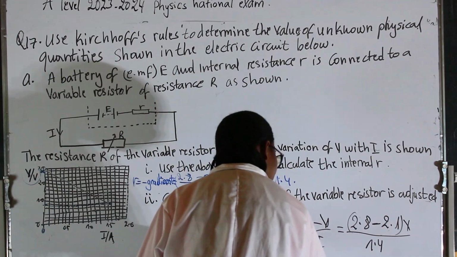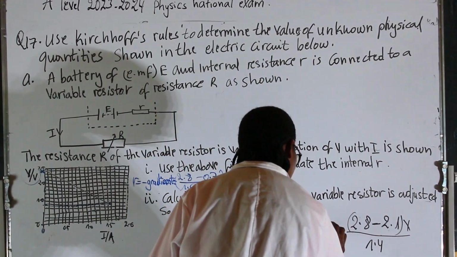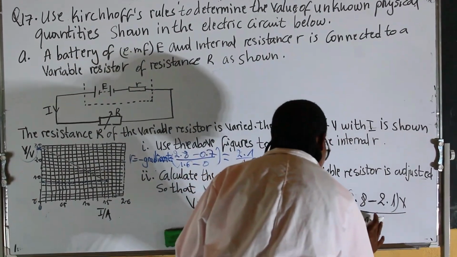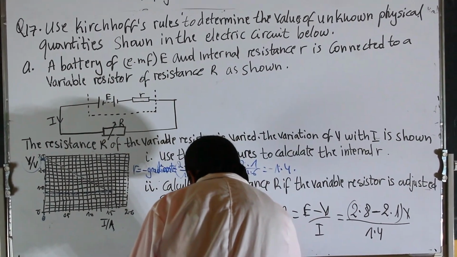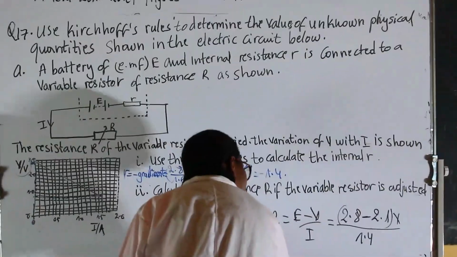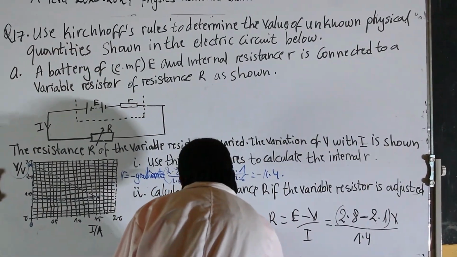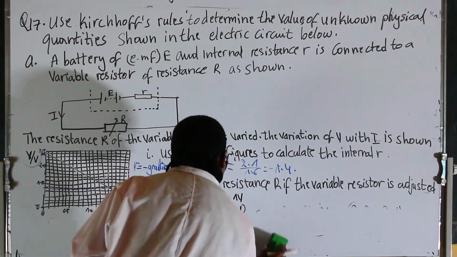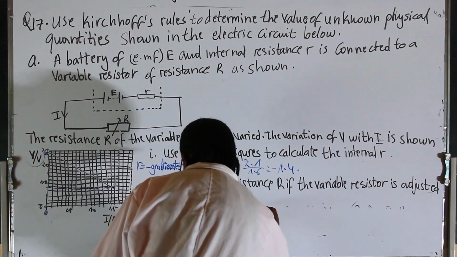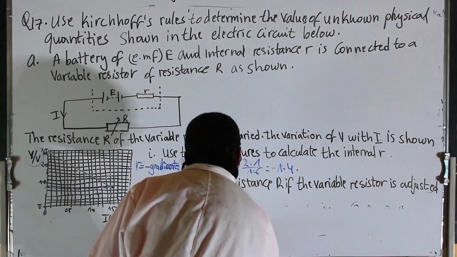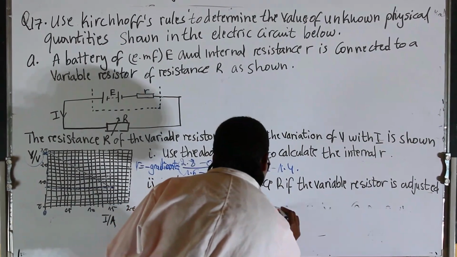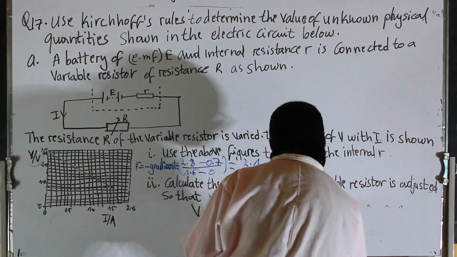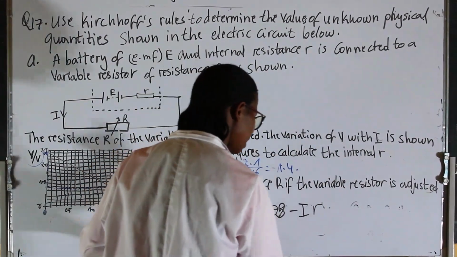Then we will find R. We first find V, which will be equal to 2.8 minus I times R. We first find V for internal resistance.